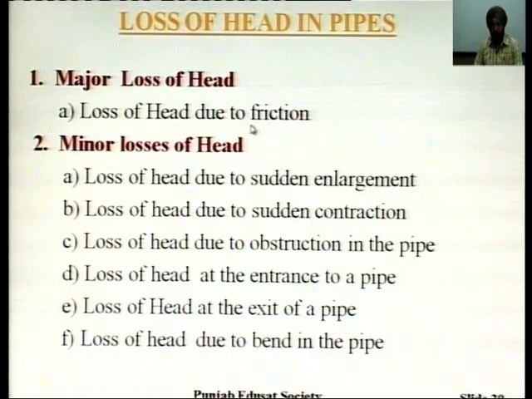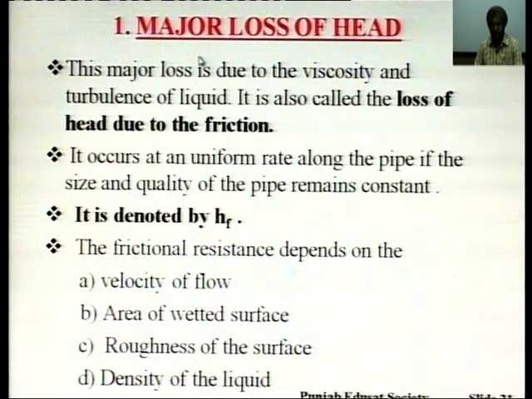As you can see, we have different cases in which we observe losses, but the major loss, the main loss, is due to friction, and this we will see in detail also. This major loss of head is due to the viscosity and turbulence of the liquid. Now, here we have two terms, viscosity and turbulence. We all know what exactly viscosity is, the property of a fluid by virtue of which it offers resistance to the flow.